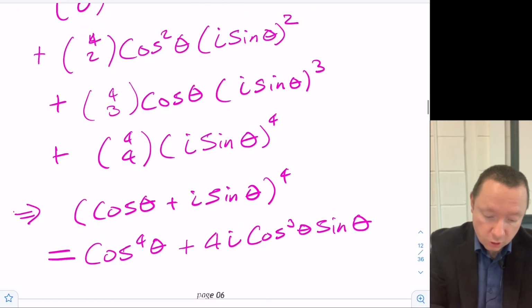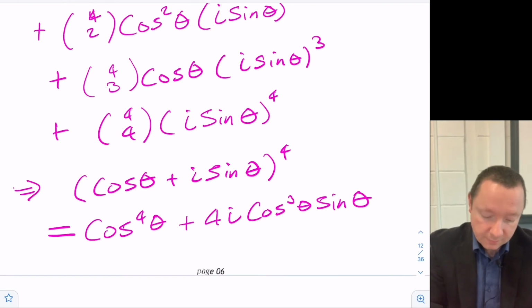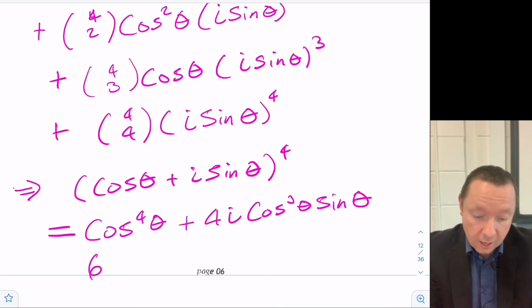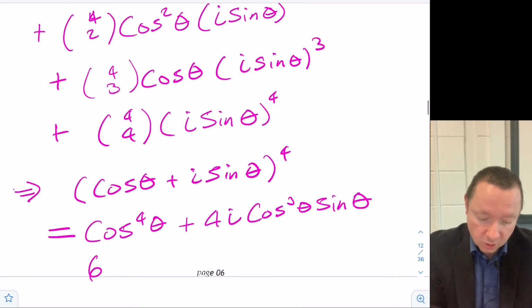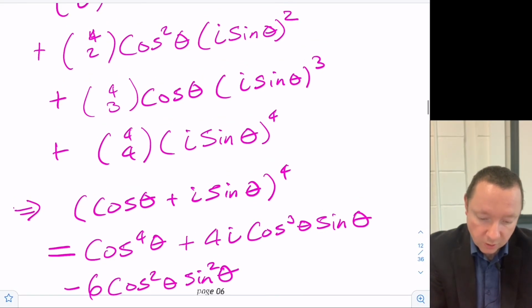Then you've got 4 choose 2. So that's 6. And then it's cos squared theta sin squared theta. But it will be minus because I squared is minus 1.